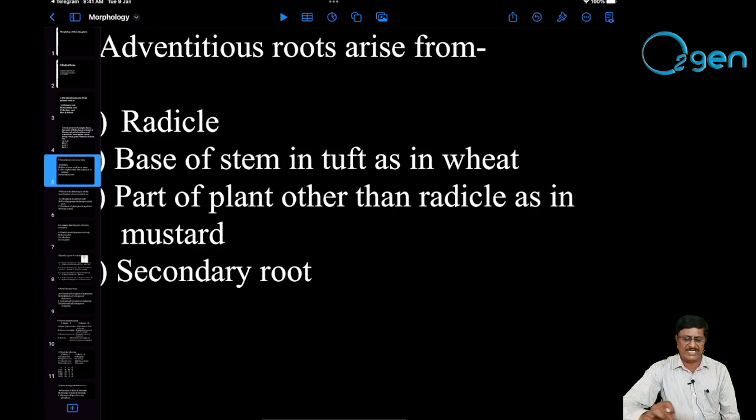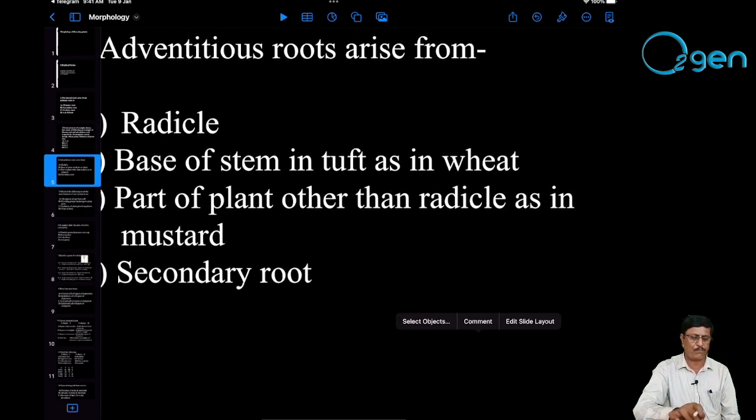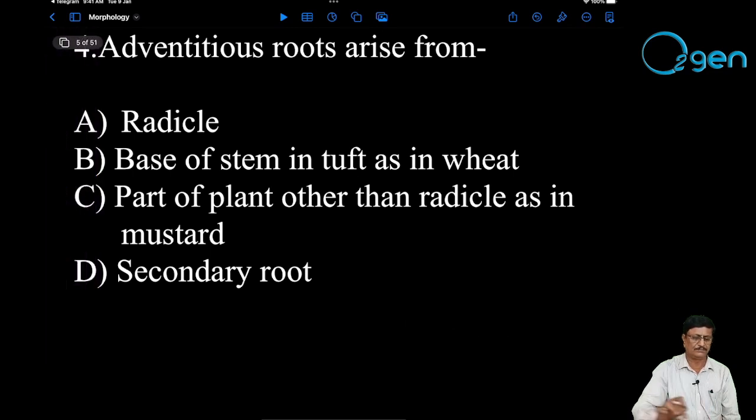The next question is, adventitious roots arise from. In the previous slide, you have studied that adventitious roots are the roots which are developed from any part of the plant other than the radicle. So adventitious roots are developed from a part of the plant other than the radicle, as in mustard.